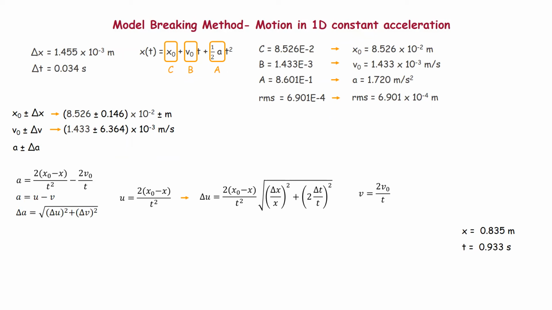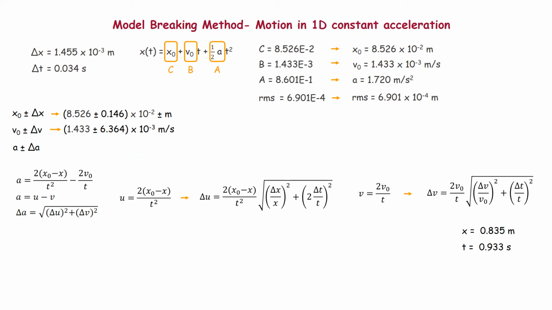And again, let's also express delta V. Since V is 2V0 divided by T, delta V is going to be 2V0 divided by T multiplied by the square root of delta V divided by V0 squared plus delta T divided by T squared.